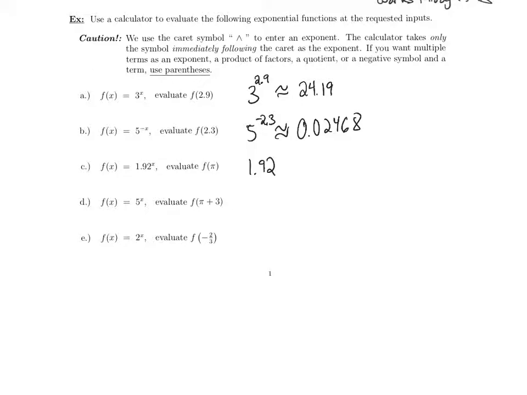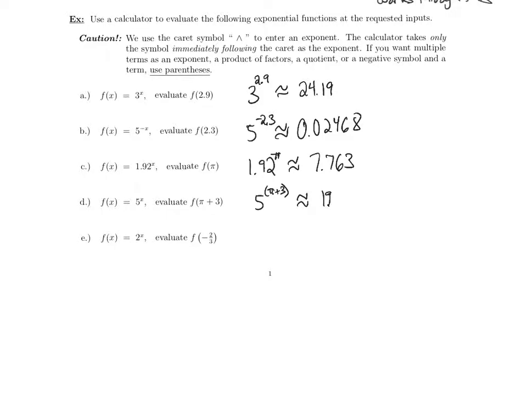So for 1.92 to the x, f of pi would mean put pi in the exponent. And for part D, it's a little bit different. We'll have 5 to the pi plus 3. Now, depending on your calculator, you might just stay up in that exponent to type this in, or you might have to use parentheses to group them together.